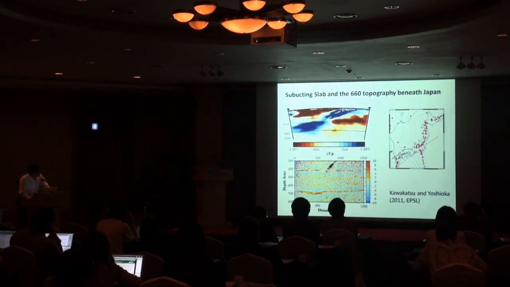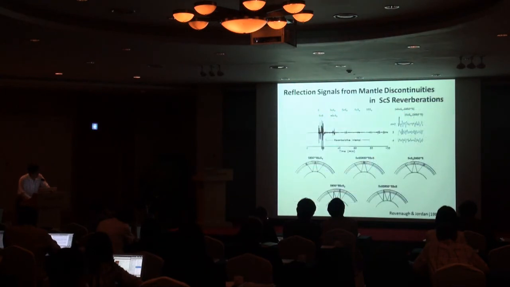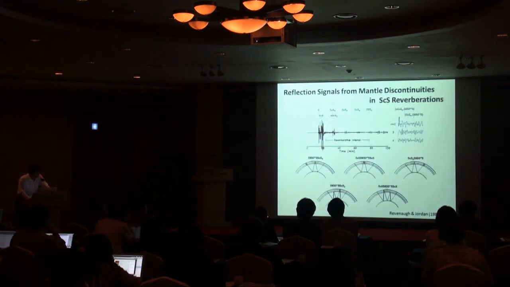And in this study, we try to confirm whether these features are common features in our studied region. However, it is not an easy problem, and mapping the topography of the discontinuity beneath the oceanic region is especially difficult.